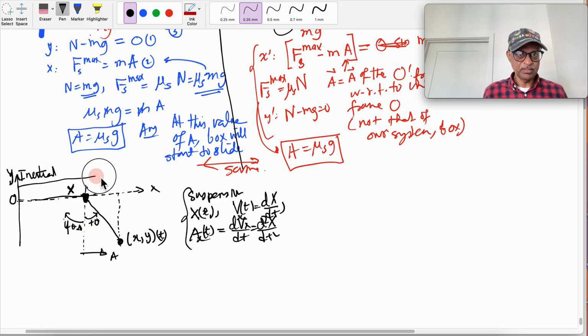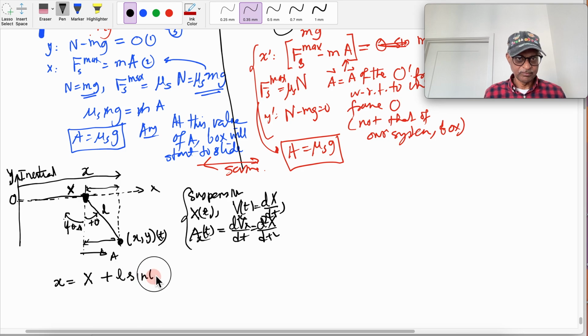From here to here is L. So we have a constraint here: x equals big X plus L times this much, which in this triangle is sine theta. And y is negative L cosine theta.